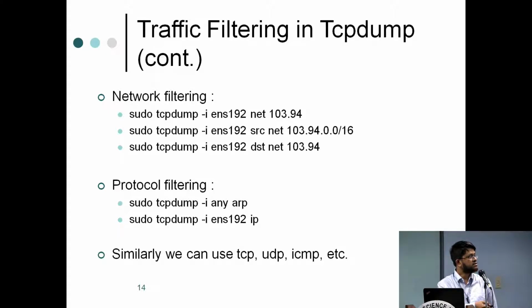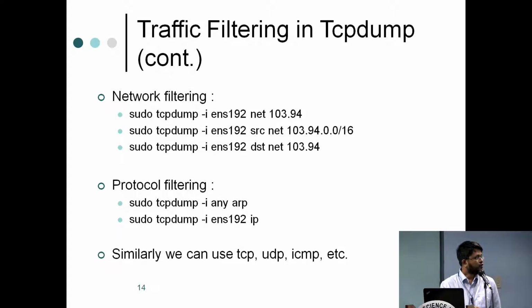What it means is that for all the packets that start with 103.94, we get packets from all of those. We can also use a subnet mask, 103.94.0.0/16, which means packets from all these hosts will be included. This can be similar to before: we can be on the source side or also on the destination side.